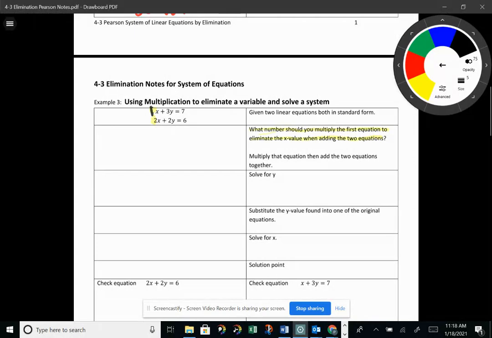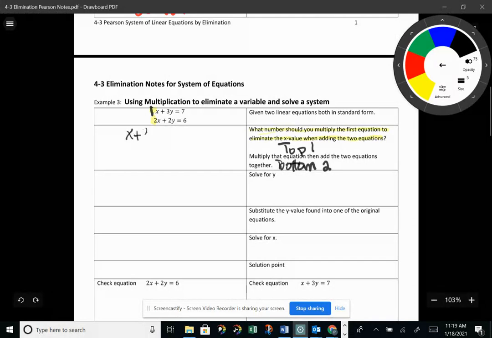So you have to think, and this is what I do. The bottom is 2. The top is 1. So when I go through and multiply, I'm going to write my equations: x plus 3y equals 7, and 2x plus 2y equals 6. All I did was rewrite my equations.